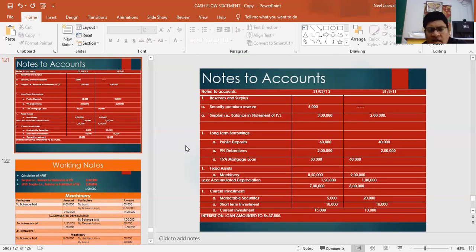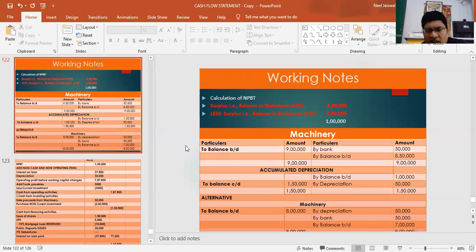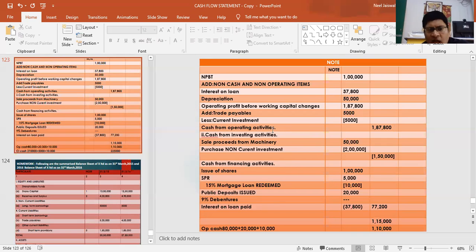This is the interest on loan, it is your financing activity. So we have to add back interest on loan, 37,800. We will subtract interest on loan from financing activity. So we will add back under operating activity because we have already subtracted it in order to get our net profit before tax. There is no taxation part given in this sum, simple sum.